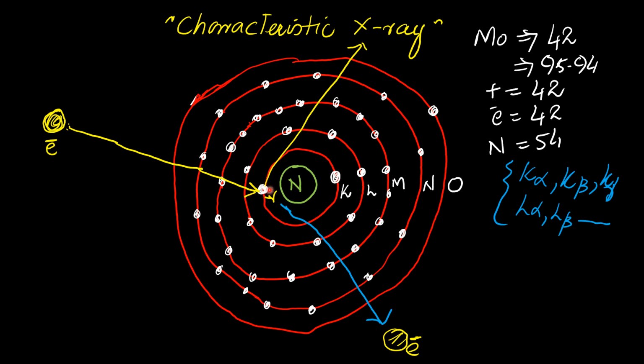This vacancy can be filled by an electron present in the L shell, M shell, or N shell. Suppose an electron from the L shell jumps into the K shell.